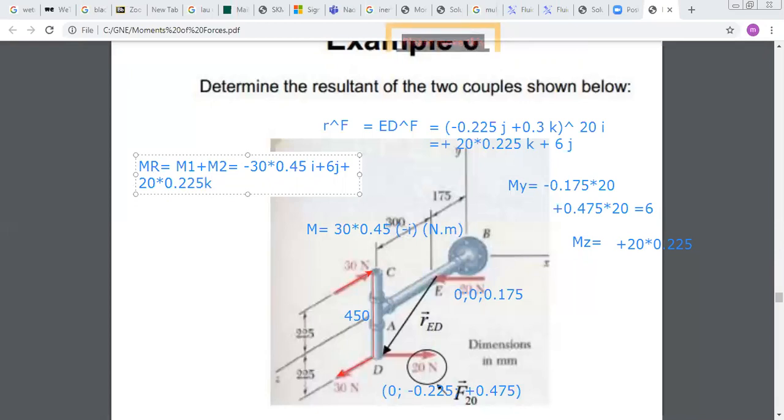This is your resultant moment. As you can see, your resultant moment has components along I, J, and K. Any question on this before we move to another problem?